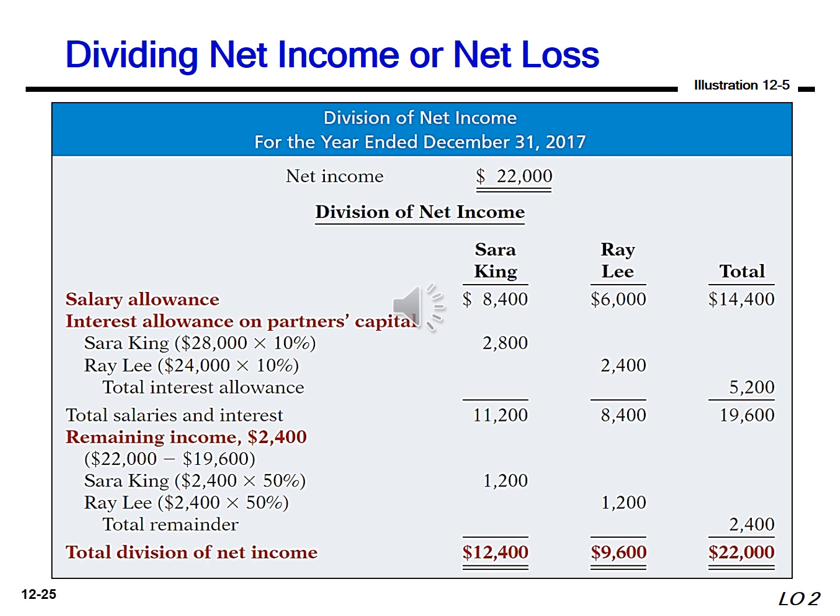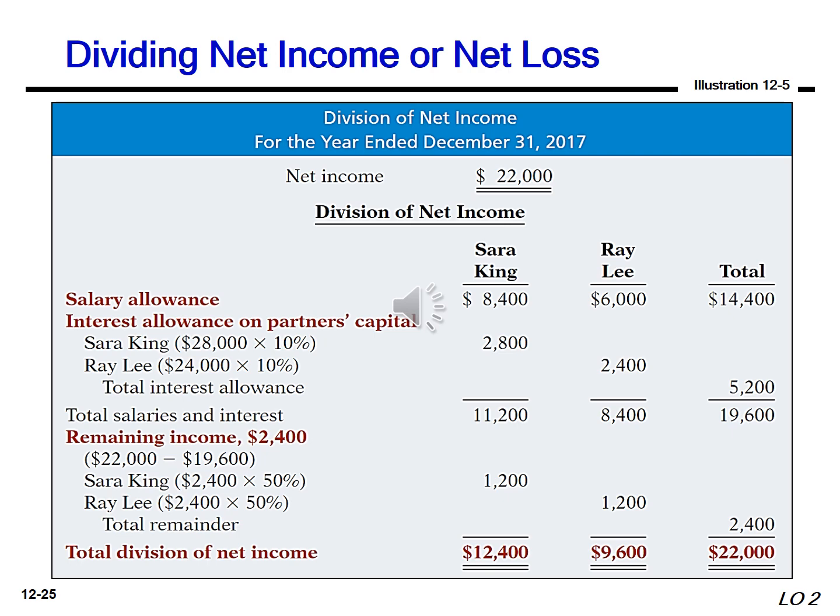Then we have an amount remaining of $2,400, and we're going to split it in the following manner. So the remaining income is $2,400, which is of course the $22,000 net income minus the $19,600 we calculated in the first part, which is the total salaries and interest.